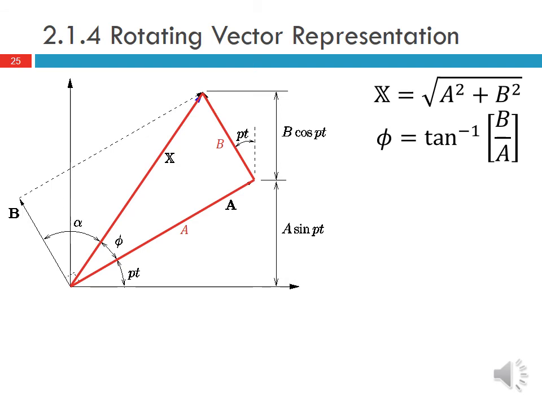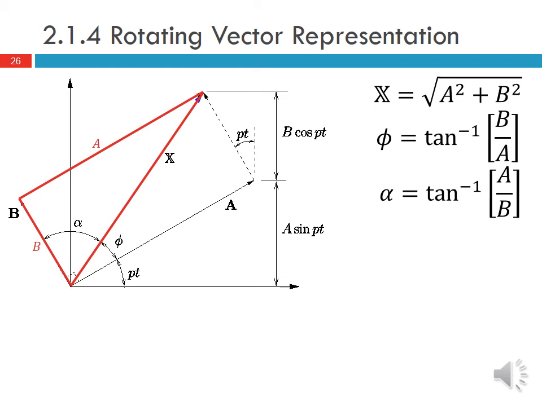Now the vector sum of a and b is another vector x with the magnitude of square root of a squared plus b squared. So x, the magnitude of this one, is going to be the square root of a squared plus b squared. This we do with this vector sum. And we can see that the angle between a and x is equal to inverse tan of b over a, which is phi. We can also see that the angle between b and x is alpha here, which is the inverse tan of a over b.